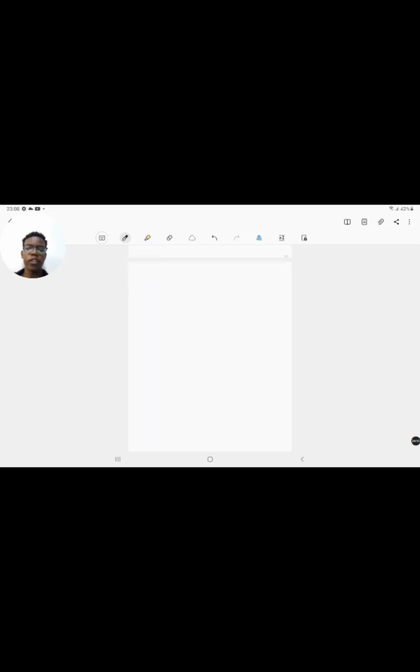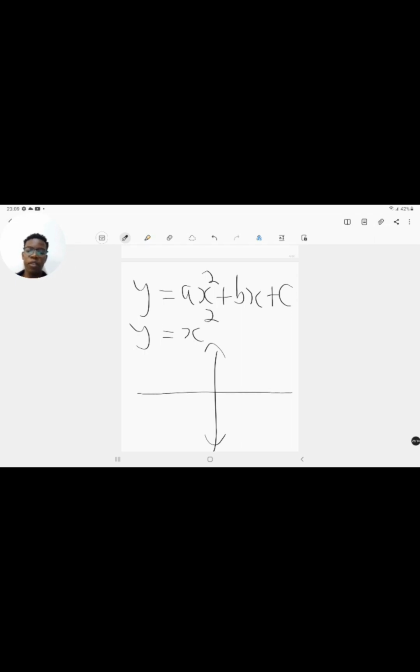First thing you will notice is that the standard form of these equations is y is equal to ax squared plus bx plus c. Now, the first one there is y is equal to x squared. If you were to sketch this, the first things you would look at are the shape and direction of the graph, and the y-intercept.